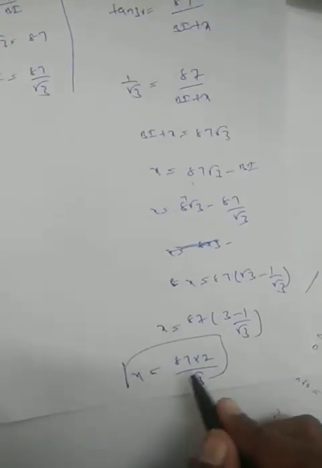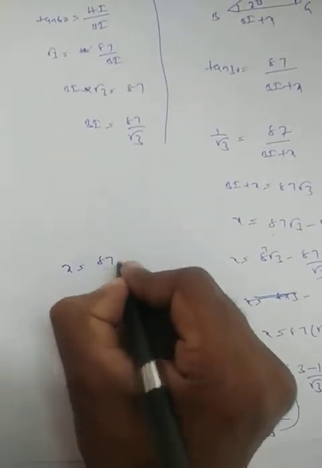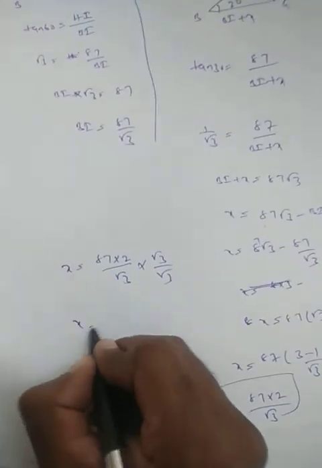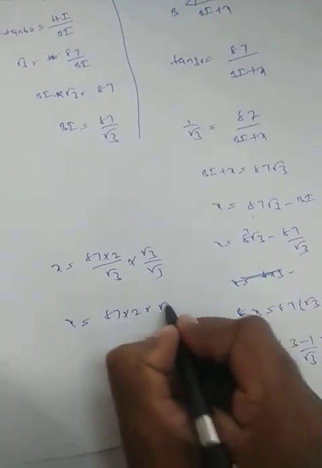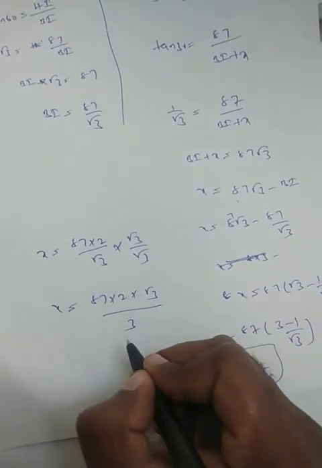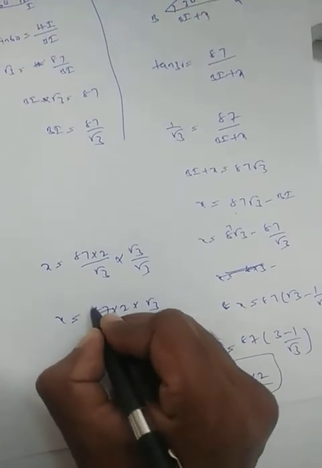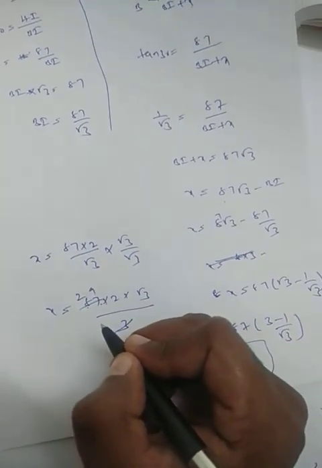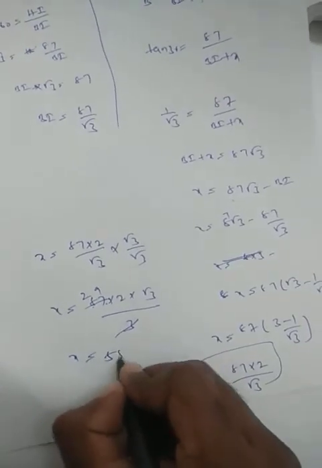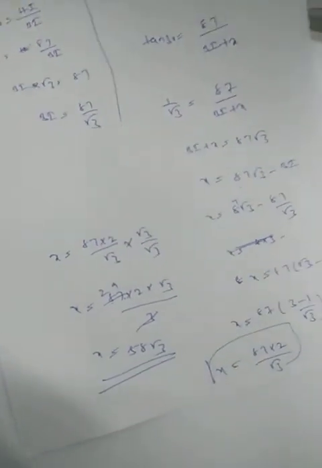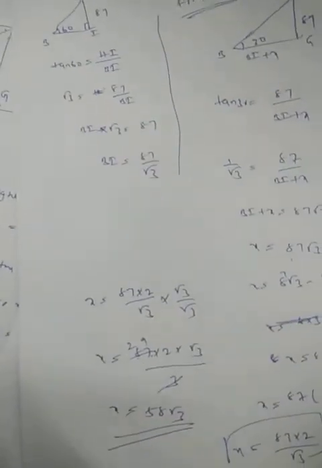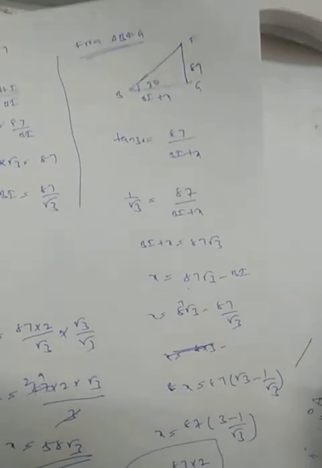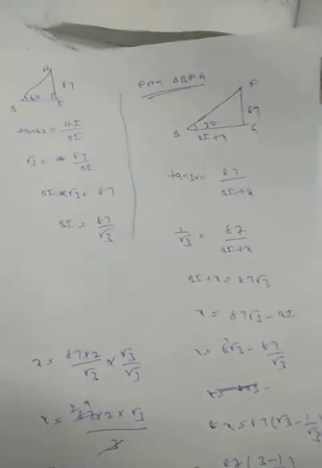But still we have to simplify this. X is equal to 87 into 2 by root 3. Rationalize the denominator, multiply by root 3 by root 3. X is equal to 87 into 2 into root 3 by root 3 into root 3, which is root 3 square, that is 3. 3 ones are 3, so 29 twos are 58. 58 root 3 meters is the distance the balloon moved from the initial position to the final position.